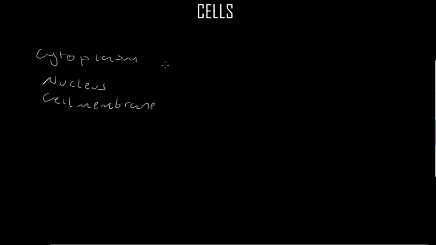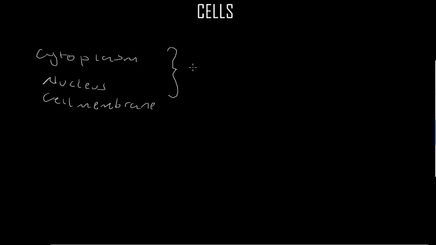These three are what are known as the living part of the cell. So these three are what are really important in all types of cells. So we've got the cytoplasm, we've got the nucleus, and then cell membrane.